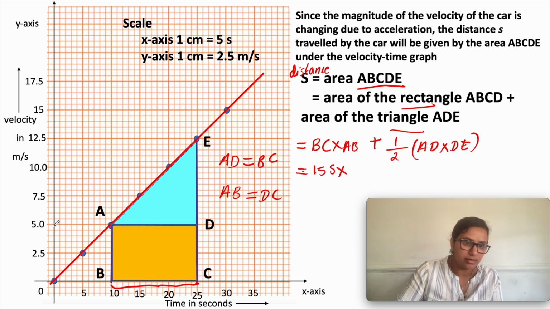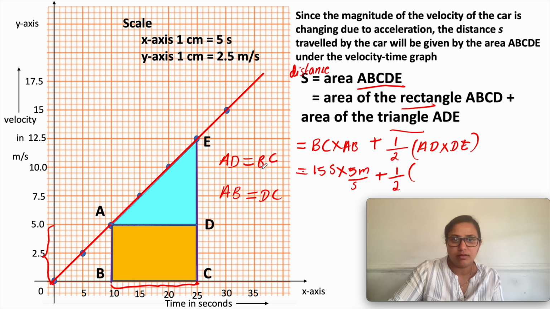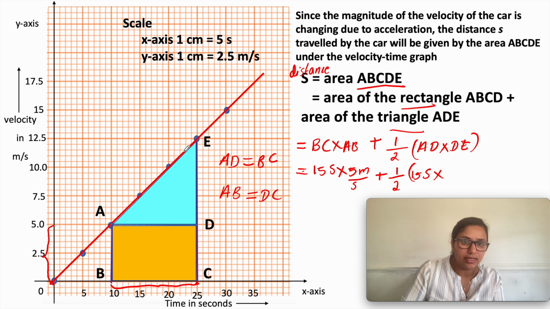AB is this distance, 5 minus 0, which is 5 meter per second, plus half times, what is AD here? AD is again BC, so it is 15 seconds times, what is DE? DE is this distance, that is 12.5 minus 5.